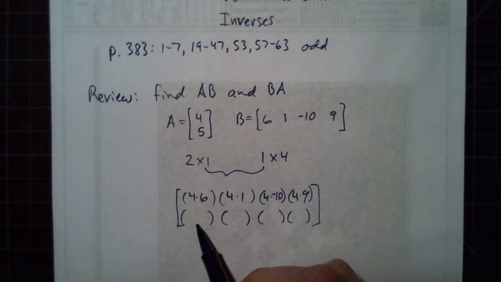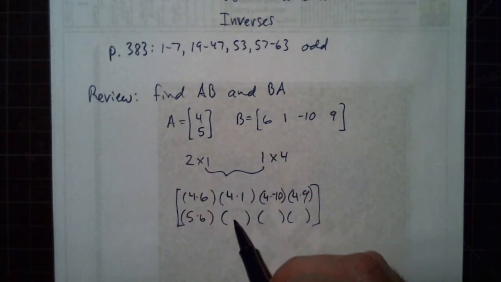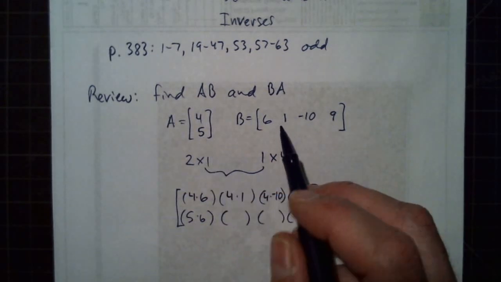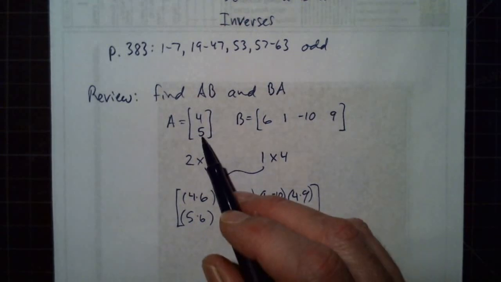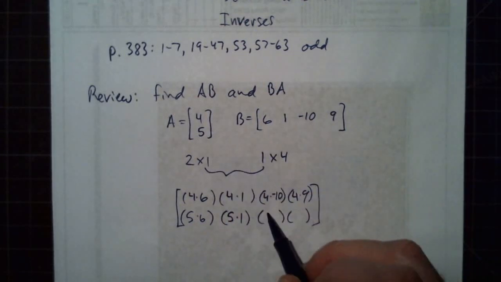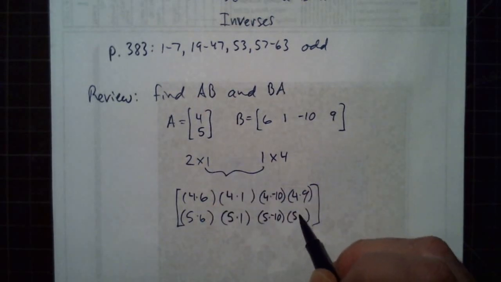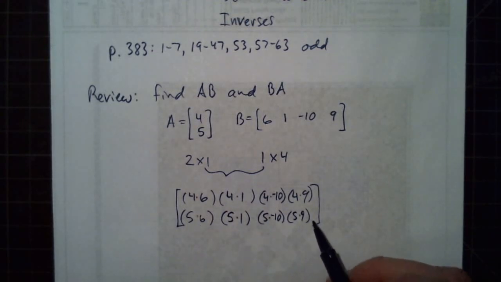This is row 2, column 1. This is row 2, column 2. Row 2, column 3. 5 times 9. And so then we can just simplify all that, and that'll be the product of A and B.